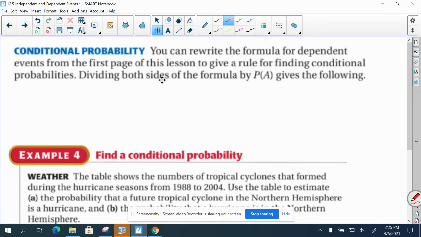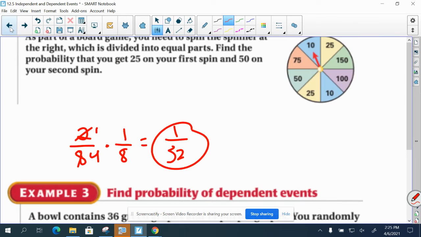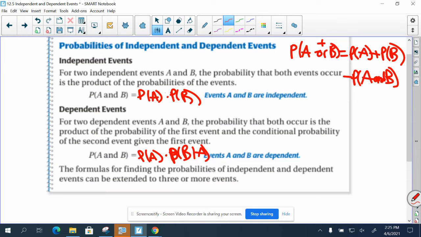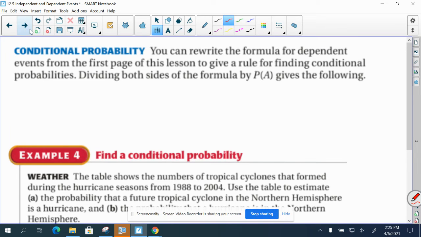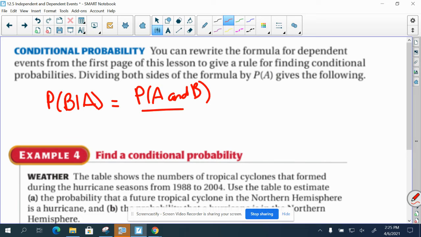Say we took the formula previously on this slide and we wanted to solve for the probability of B given A. We would divide both sides by the probability of A and have the probability of A and B divided by the probability of A. So if you wanted to rewrite it for the probability of B given A, you would put the probability of A and B over just the probability of A. I was kind of alluding to that with the band and 8th grade example.